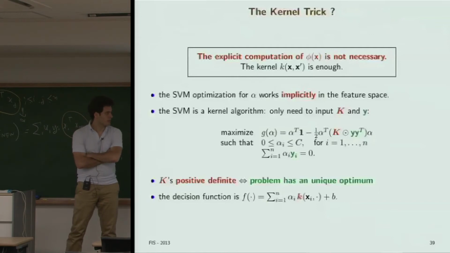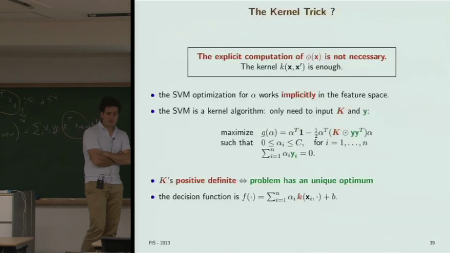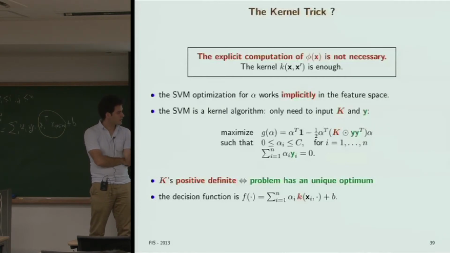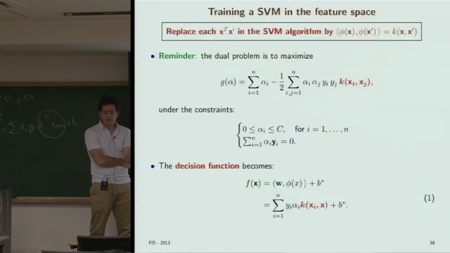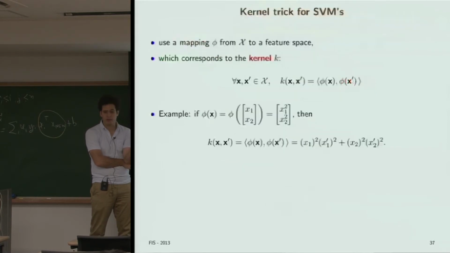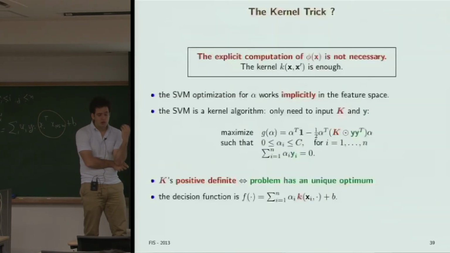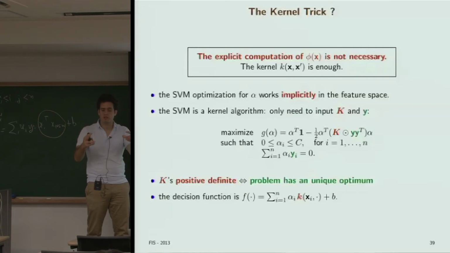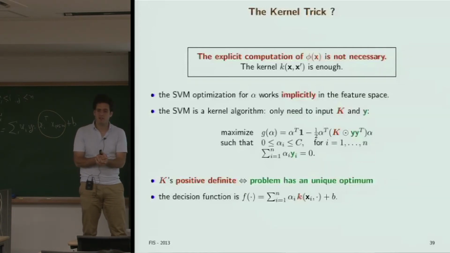Why is that interesting? Not only can I substitute the regular dot product by this new dot product, but in all cases I never need explicit access to the feature representation of x. The only thing I care about is the dot product between phi of x and phi of x prime.